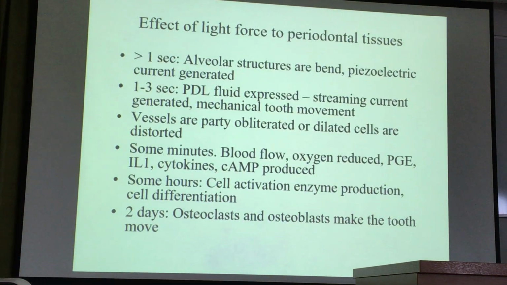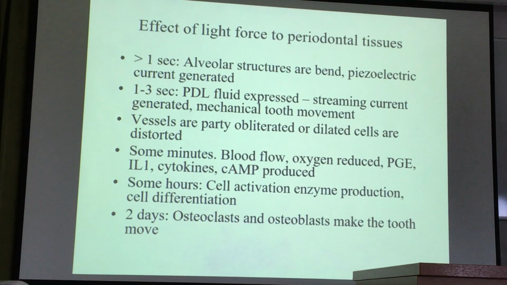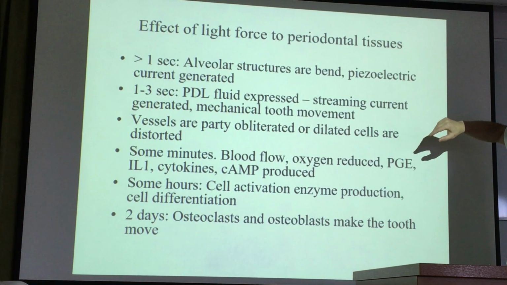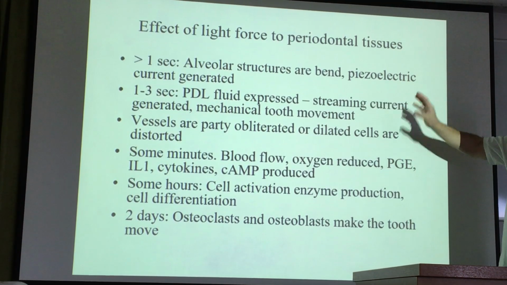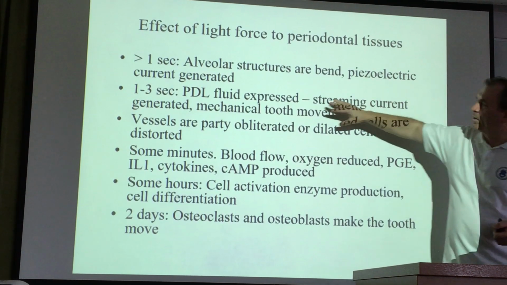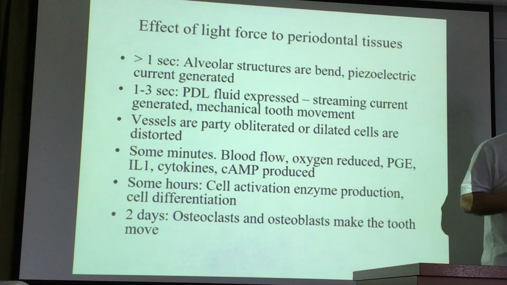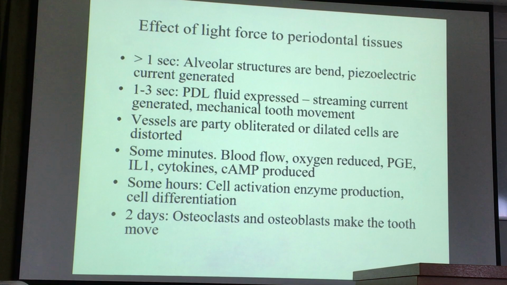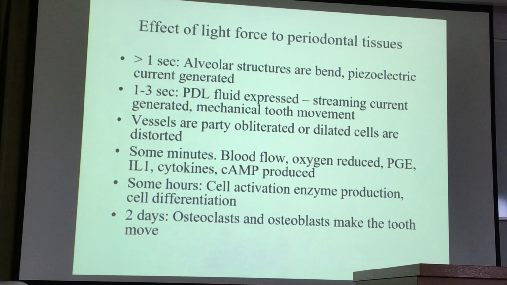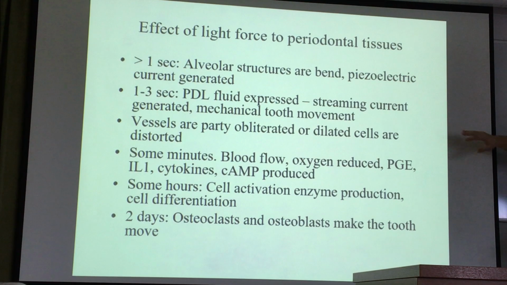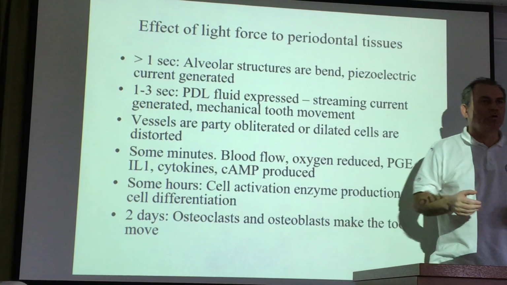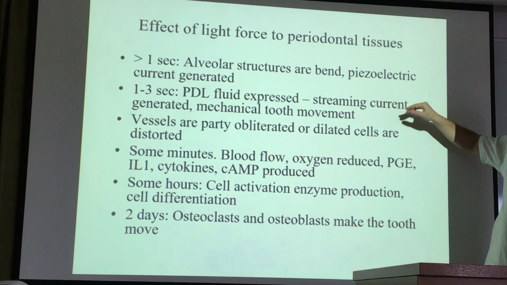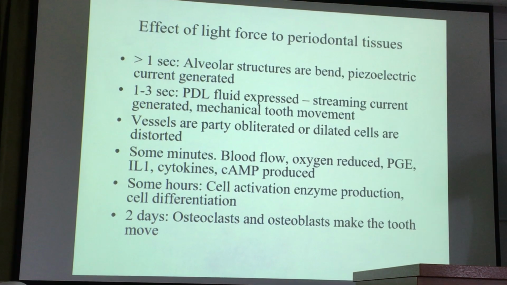And you can see the effect of the orthodontic force on the periodontal tissues. First, we have the mechanical stress, and the alveolar structure is bent, because when you press the tooth, the alveolar bone is bent, or tilted, or under pressure, and when you press the bone, the crystallized structure, so-called piezoelectric current is generated inside the bone.